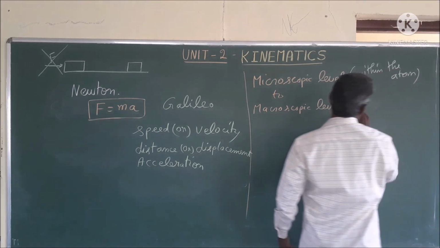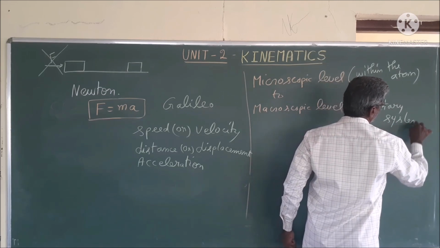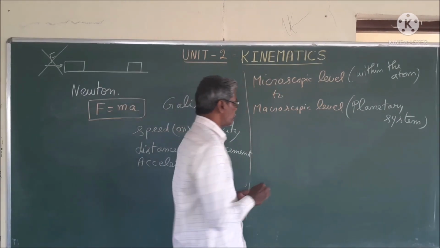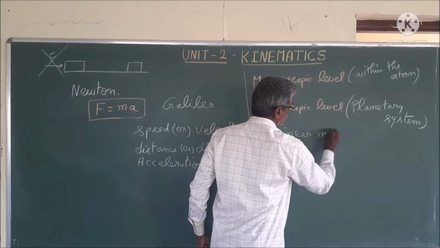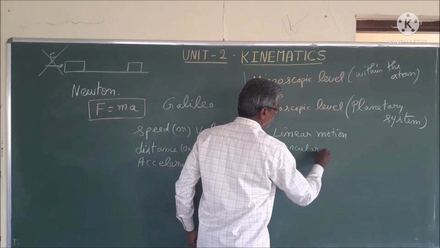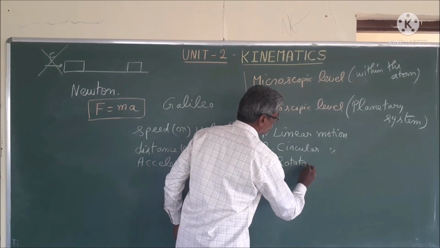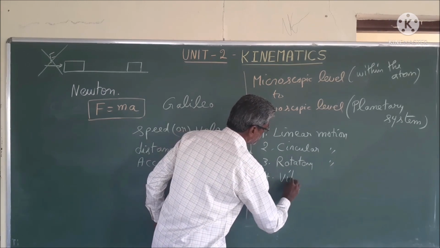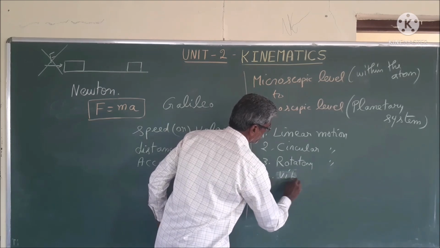Macroscopic level means the planetary system. Understood? There are various types of motion. One is linear motion, circular motion, rotatory motion, oscillatory motion, or vibratory motion.